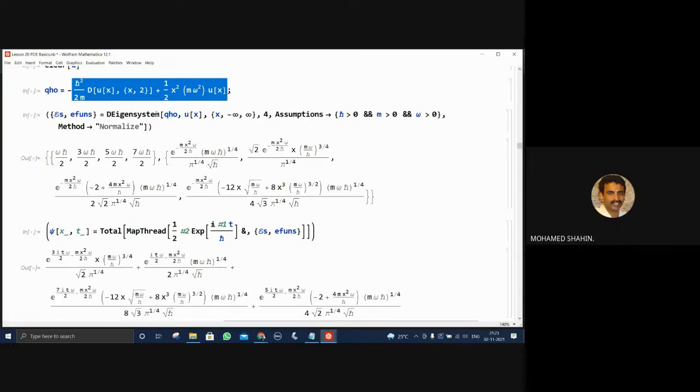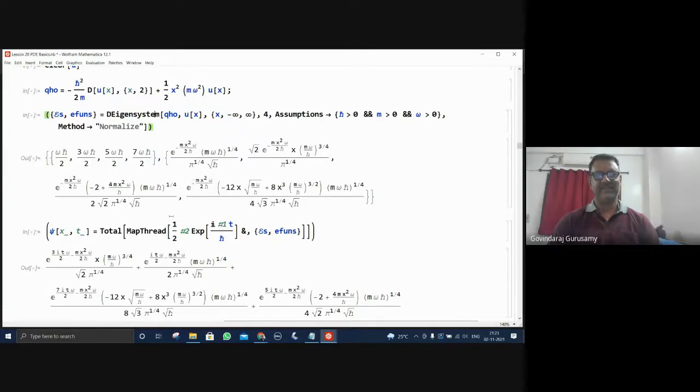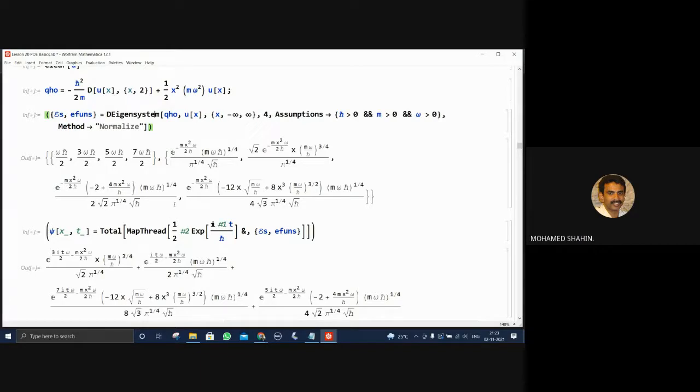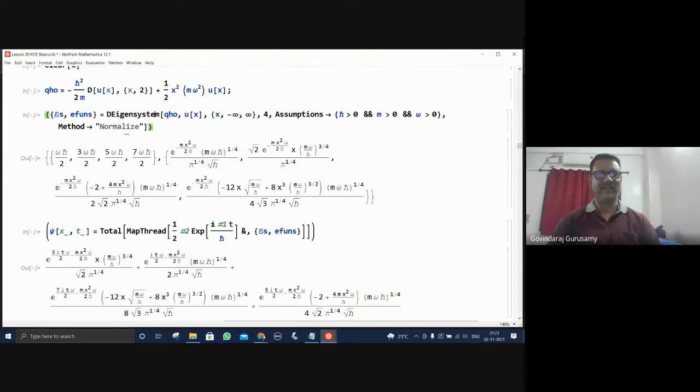Same thing, if you try with this differential equation, you have to write a number of steps and then finally arrive. Yes, sir. I'm just getting it in one line for the QHO, what this derivative component is, and then you thread it with this exponential. This exponential term, nothing happens, the time dependent term.